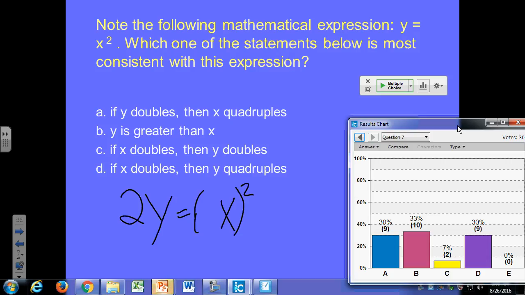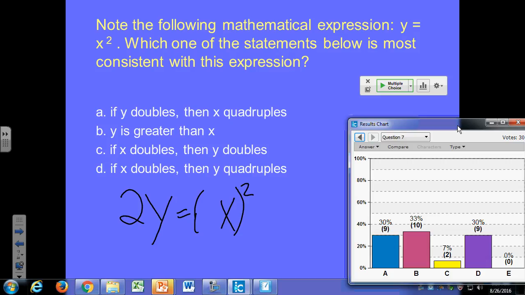Not 1/2? No, not 1. No, not 1/4. What squared is 2? Square root of 2. So I have to put a square root of 2 here in order to make this the same. All right, so this isn't true. If y doubles, then x is going to increase only by root 2.